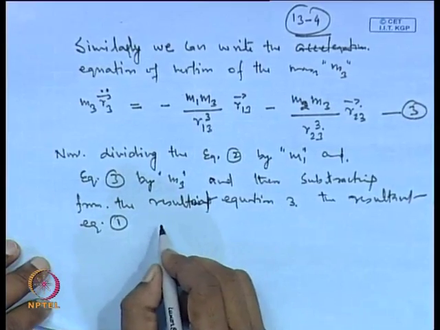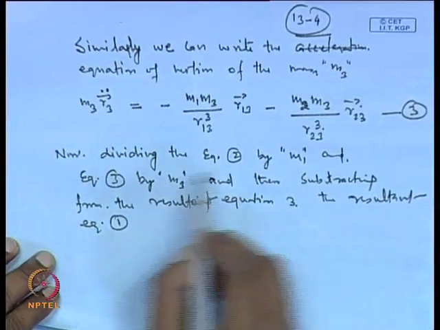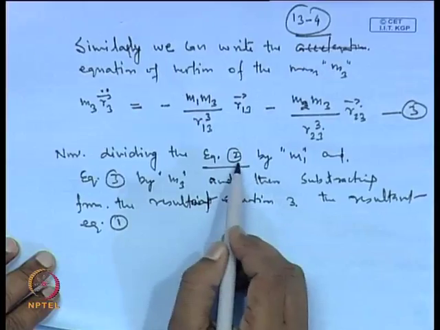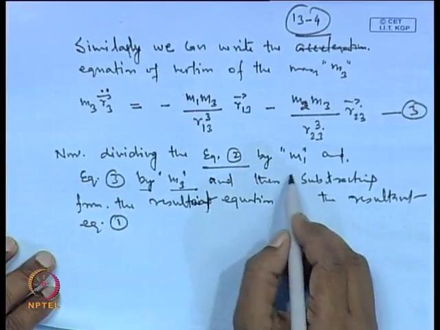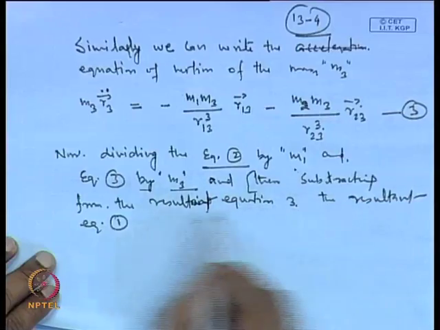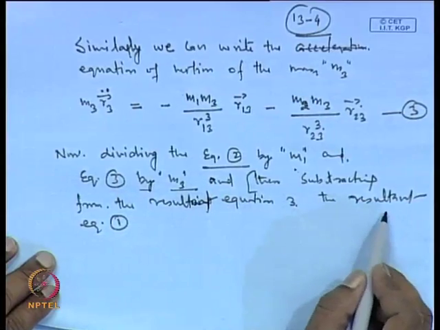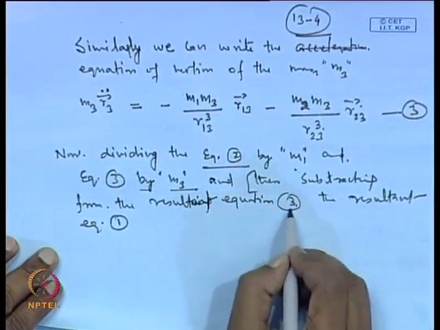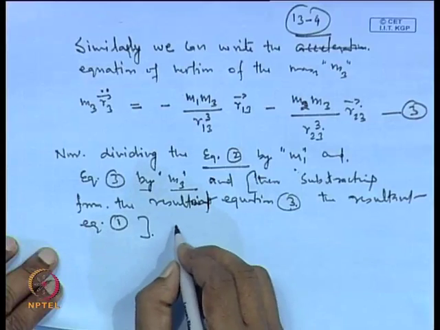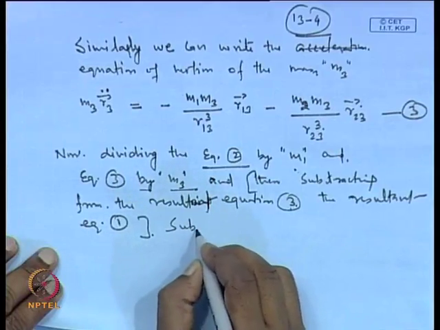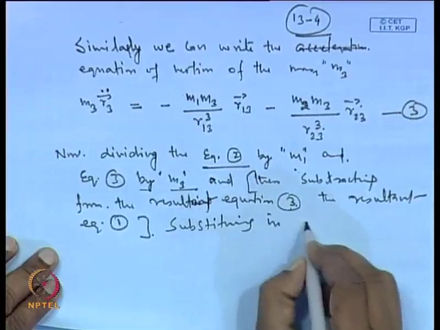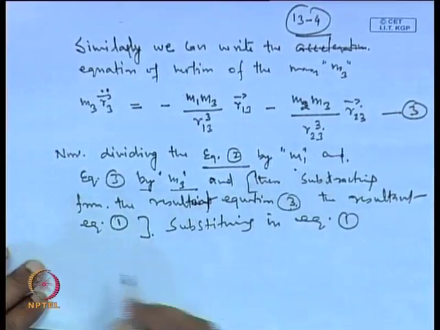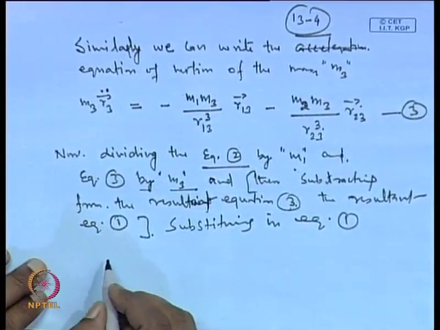So, basically dividing equation 2 by m1 and equation 3 by m3 and then subtracting from the resulting equation 3 the resulting equation 1. Or either we can say that substituting in equation 1.